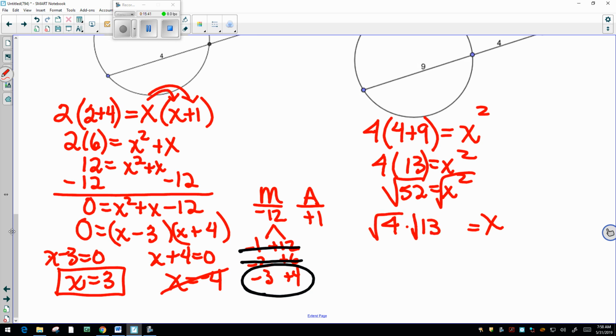Keep in mind they each get their own little house. And then when we're simplifying the perfect square, square root of 4, we know that that's 2. That gets to come out of the house. Square root of 13 is an irrational number, goes on forever, so I want to keep it as square root of 13. And I found x. So now that's my simplest radical form for my value for that segment.